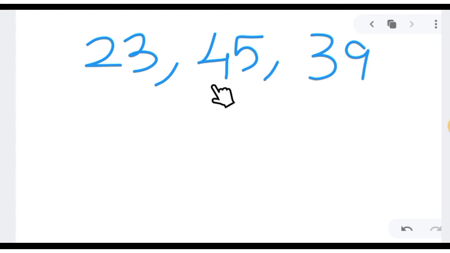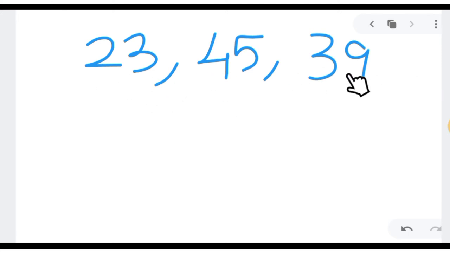So what numbers have I written here? 23, 45, 39. Now we are going to arrange the numbers in ascending order. Ascending order means from the smallest to the biggest, right? So here we are going to find out which number is the smallest.